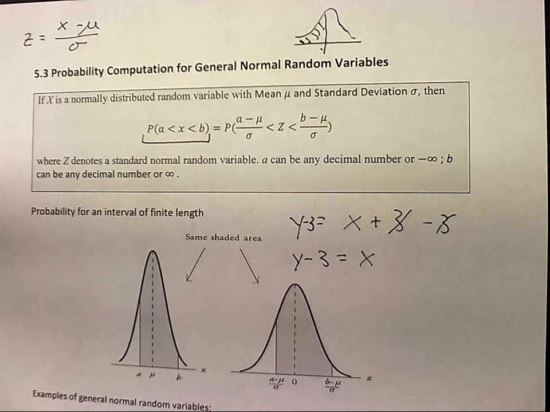The really fundamental math concept behind this is, whatever we do to one side of the equation, we have to do to the other side of the equation. Well, that's the same thing that's happening up here.